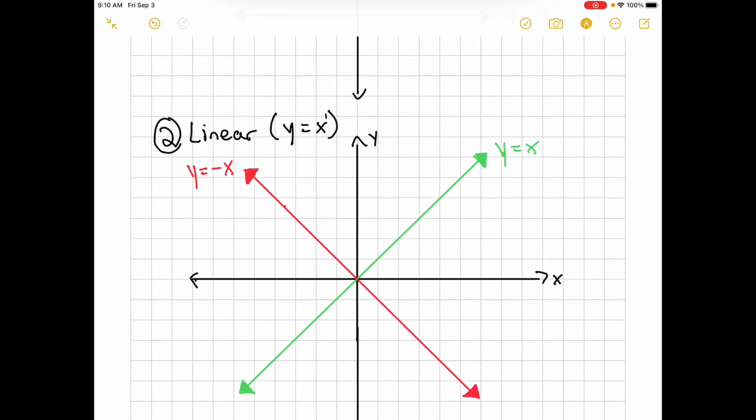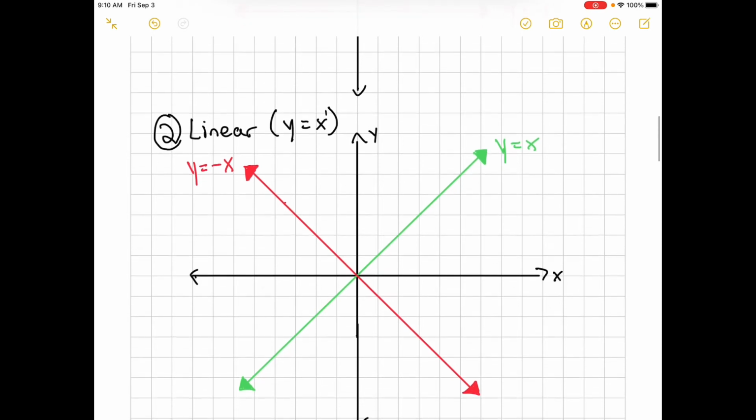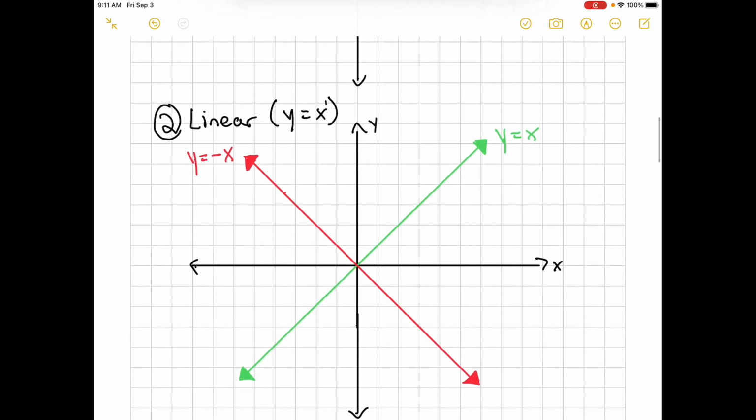So anytime you have that, that is a linear function. The parent function y equals x is going uphill, it's increasing. It has a positive 1 slope, or 1/1. And y equals -x is going downhill, has a negative slope, or a -1/1 slope. So copy both of those.